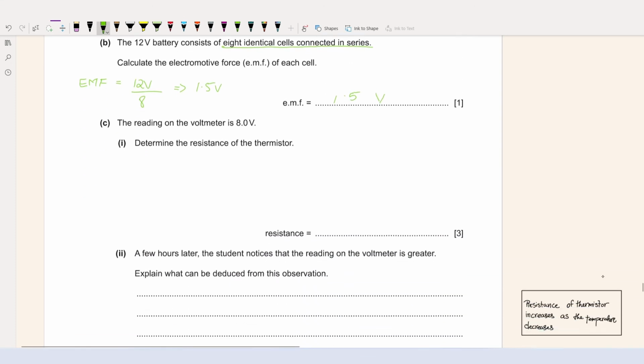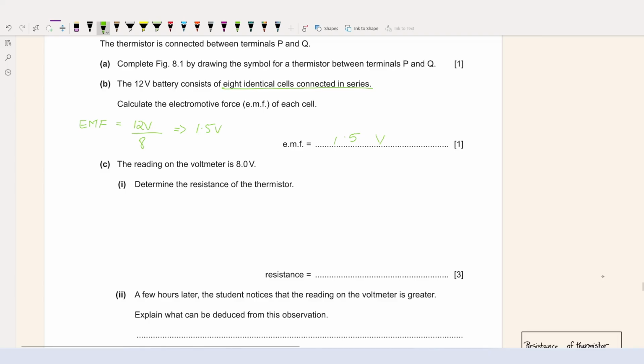Part C says the reading on the voltmeter is 8.0 volts. Determine the resistance of the thermistor. First we can use V equals IR.